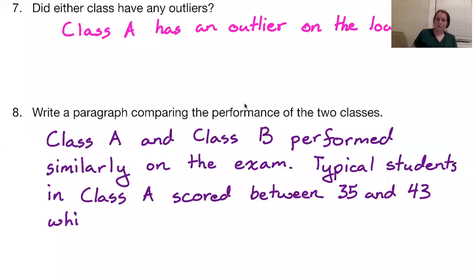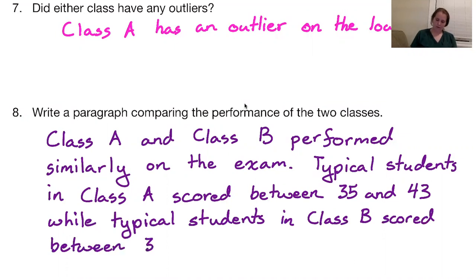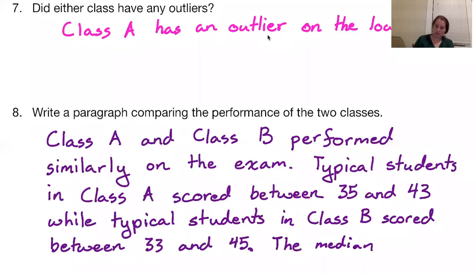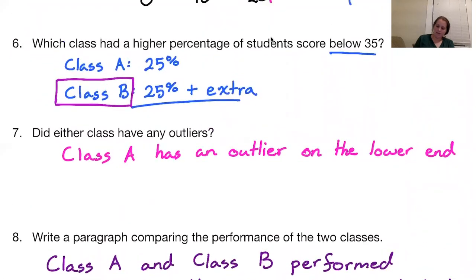in Class B scored between 33 and 45. The median for Class A was, let's see, what compared to Class B?